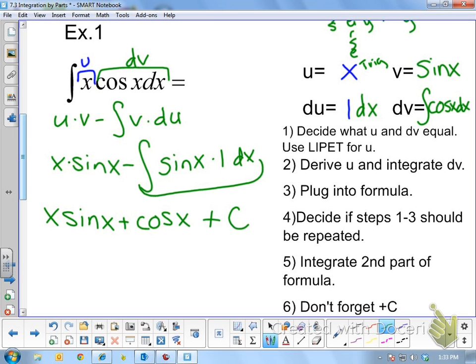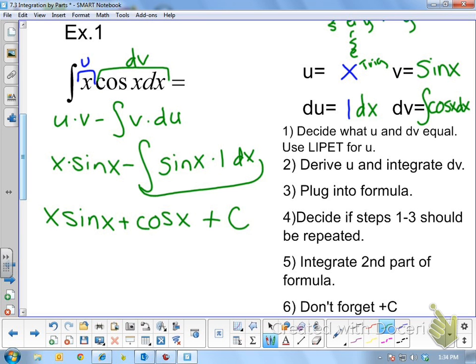And next time we'll learn an algorithm, a shortcut way to do it. I mean, you could really repeat steps 1 through 3 over and over and over again. You could do it multiple times. Imagine if that had been x to the 10th. When we did it, our derivative would include x to the 9th.